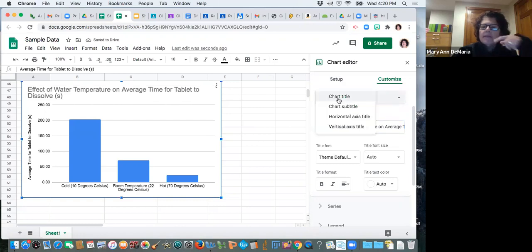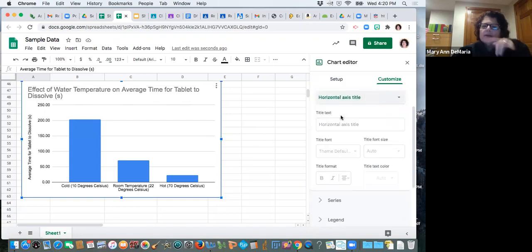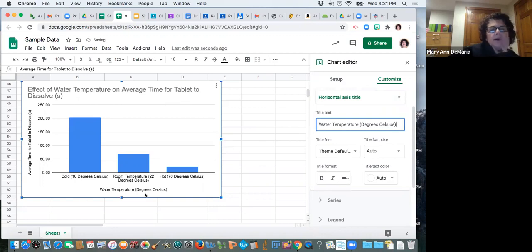And then I'm going to put in a title here, and I'm just going to say water temperature, and in parentheses, degrees Celsius, because I don't feel like getting the little degree sign right now. So there's my x-axis label, and each bar is also labeled, and there's my y-axis label. So now I have my independent variable clearly labeled there, and my dependent variable clearly labeled here.